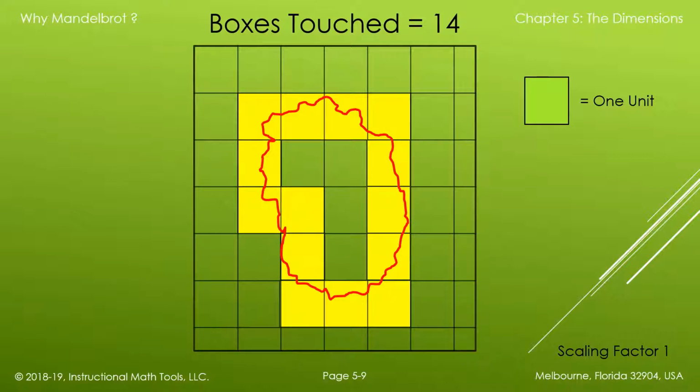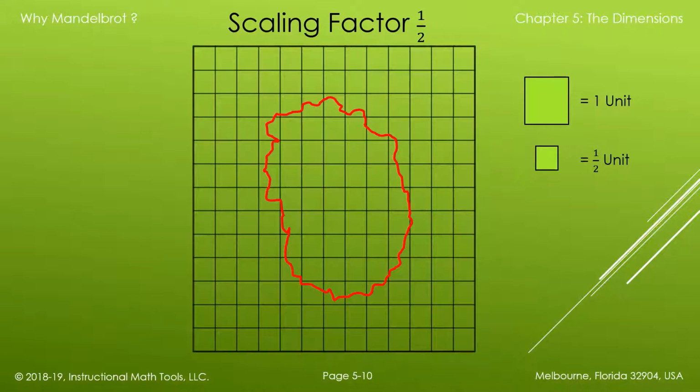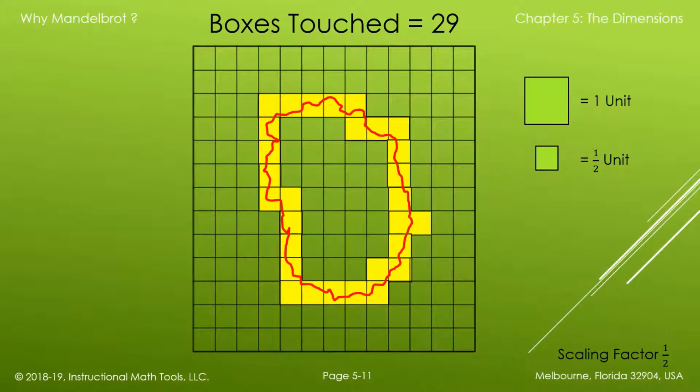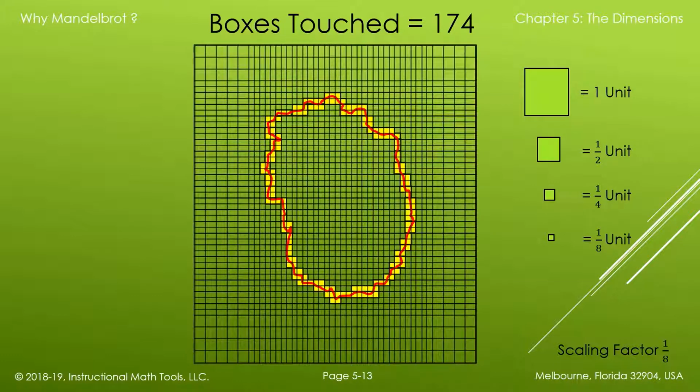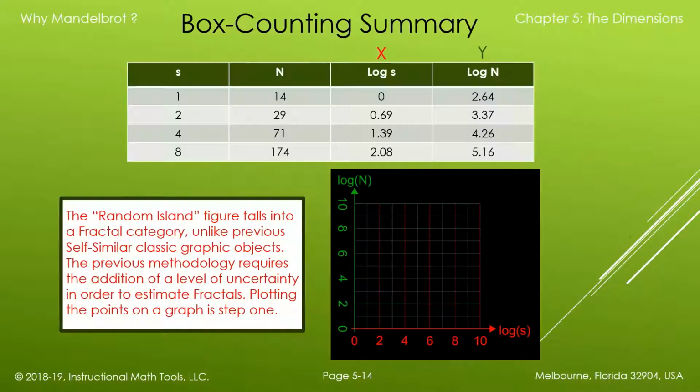So we got 14 boxes that are touched with scaling factor 1. Scaling factor 1/2 gives us 29 boxes. 71 boxes for scaling factor 1/4, and 174 boxes touched with scaling factor 1/8.